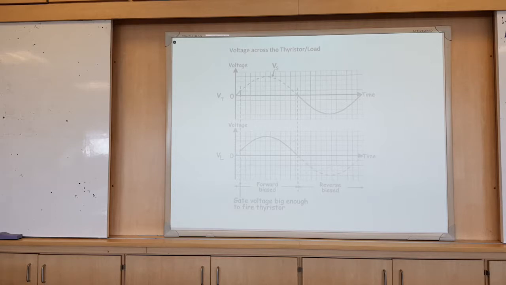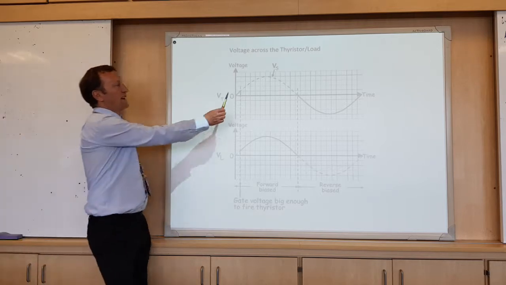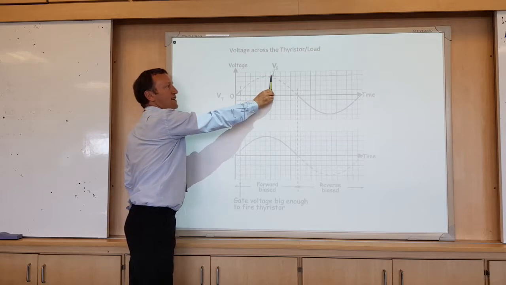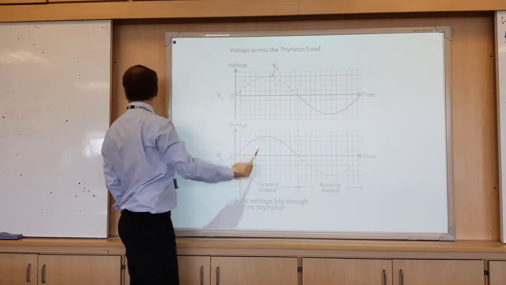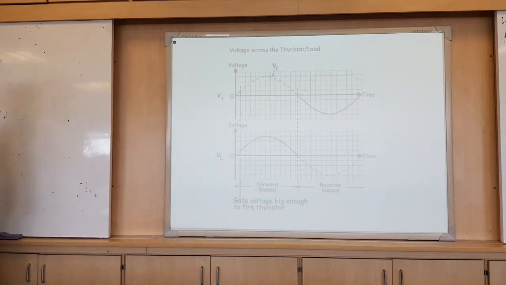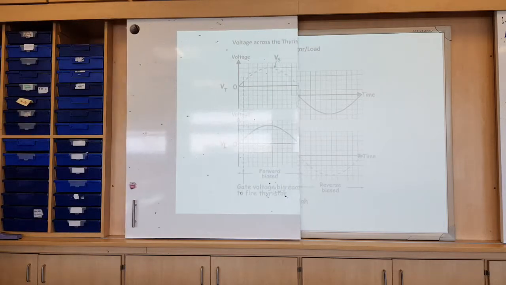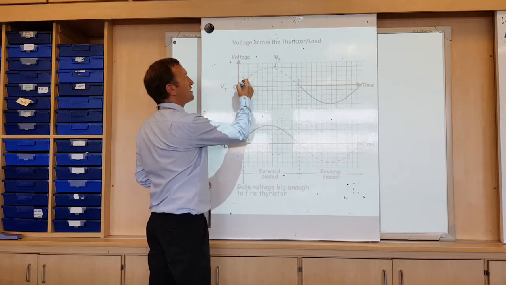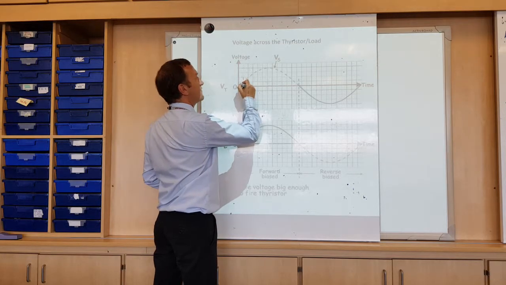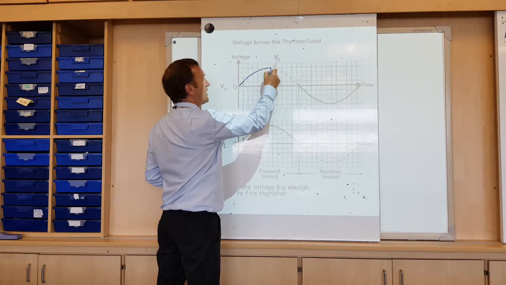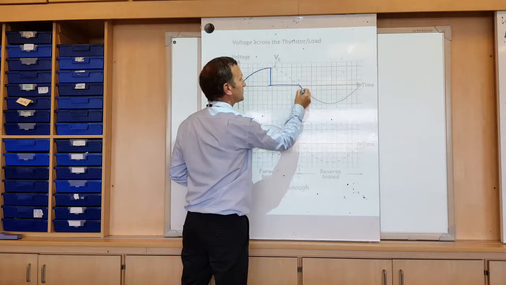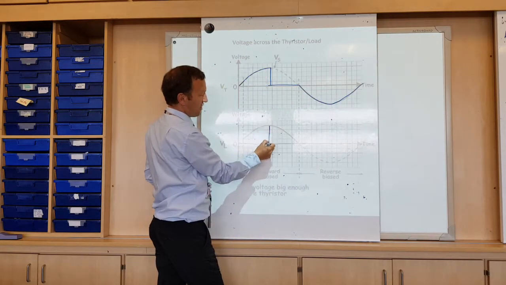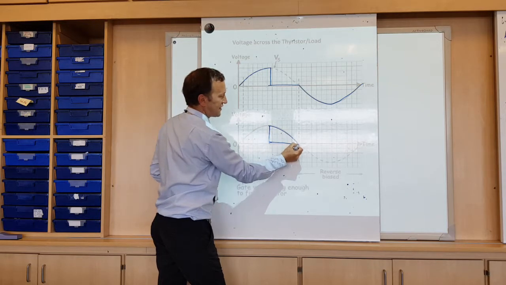So effectively, by working out the phase angle, which we'll do in a sec, you can work out whereabouts here the thyristor will come on. For instance, if the thyristor is dimmed to about 90 degrees, it'll be like that, and the heater or the lamp will be only on for this section here.